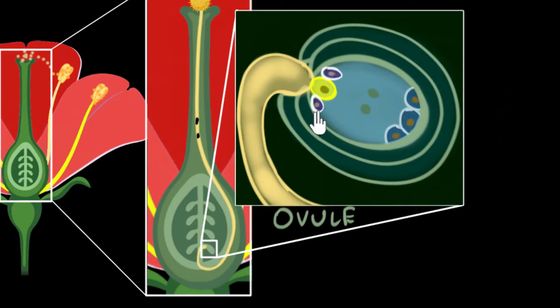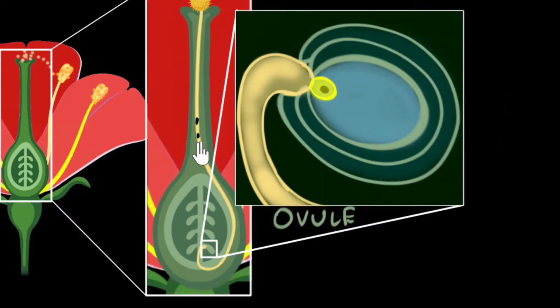In fact, if you count, there are 1, 2, 3, 4, 5, 6, and this whole big cell, total 7 cells. This big cell has 2 nuclei inside of it. So there are total 8 nuclei inside this ovule. But we don't have to worry too much about it right now, so let's not worry about these other cells.